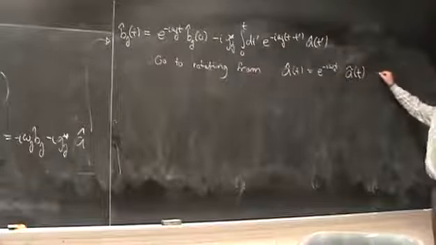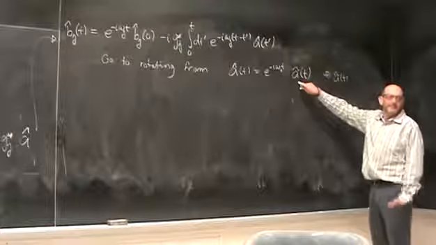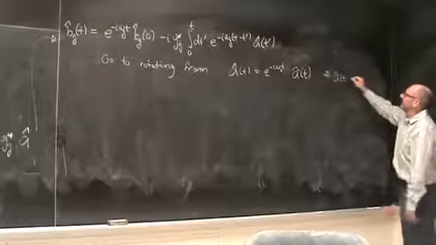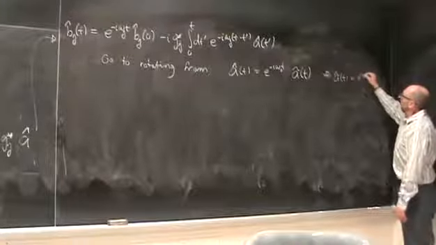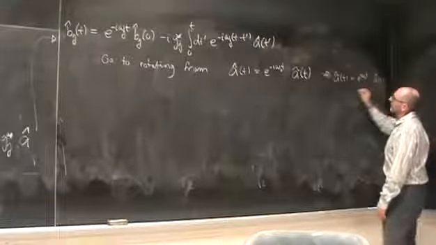My envelope, which is an operator too, I'm not going to put a hat on it, I'll put a tilde on it, is e to the plus i omega naught t a hat of t.